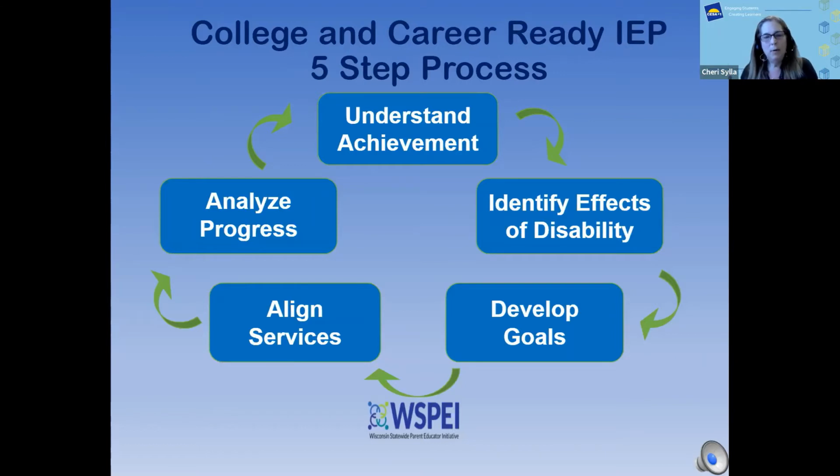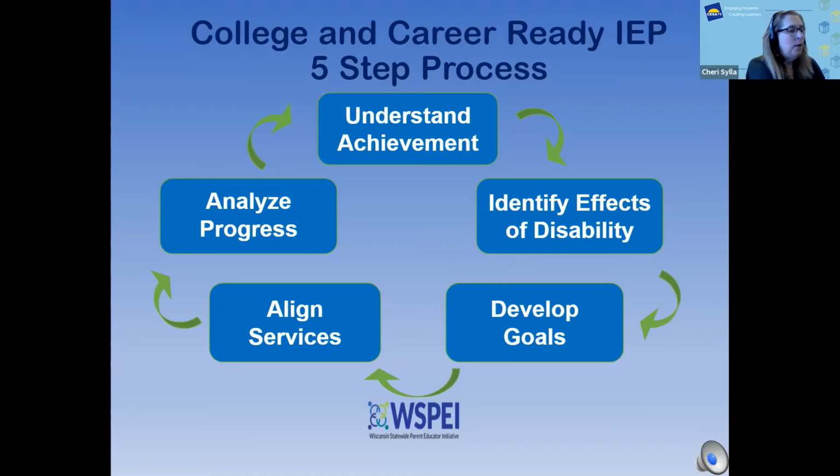Step 2, once you know where the student is at, you identify the effects of the disability. Once you identify the effects and what the disability related needs are, you develop goals to address those needs, and you align services. You provide accommodations and related services and special ed, and then you analyze progress.